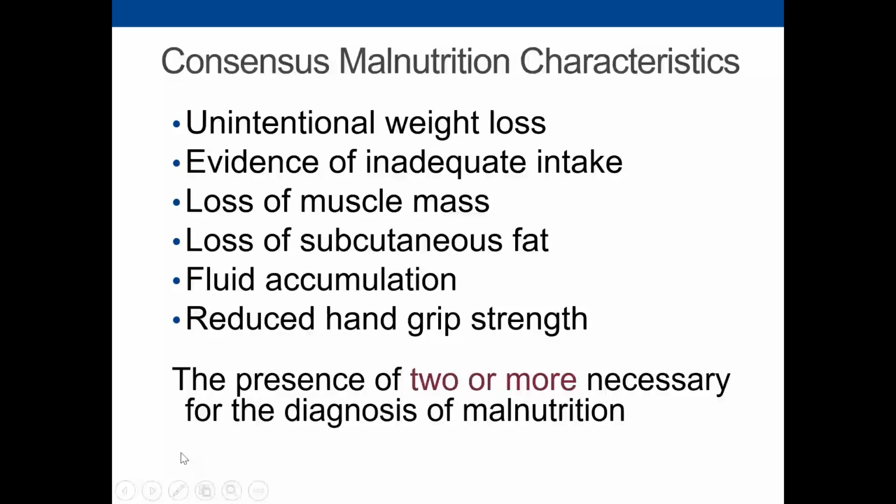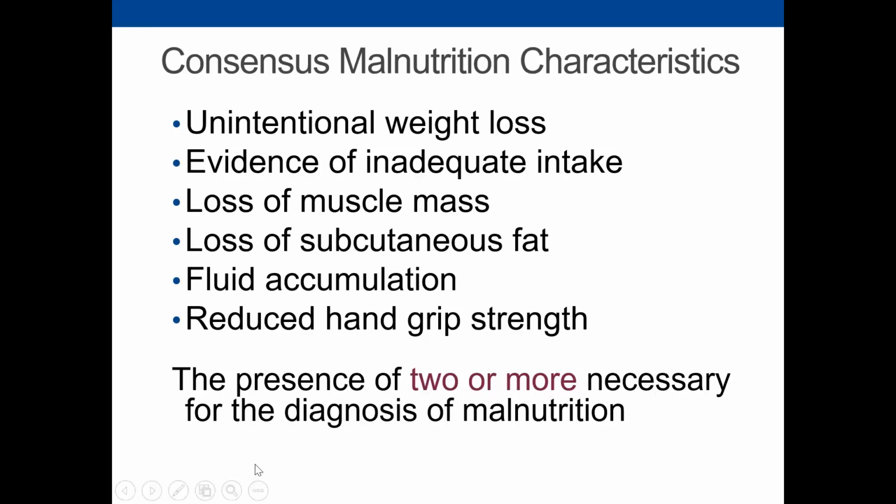And then, following this etiology focus, we went into determining what the specific criteria or characteristics would be. And we did use an evidence-based approach as well as a consensus-based approach, certainly recognizing that some of what we included here is a consensus opportunity.